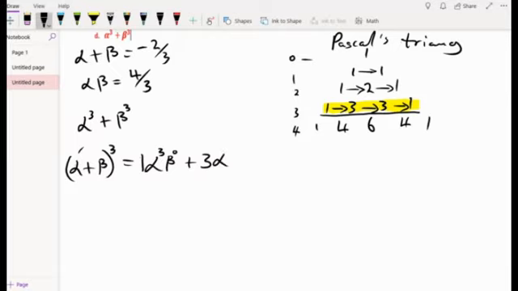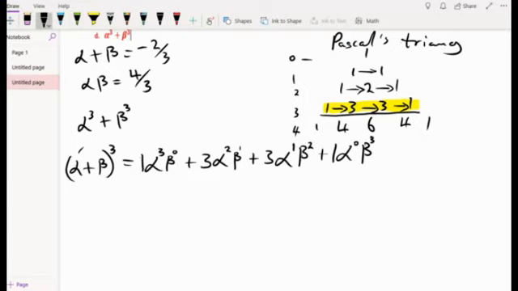alpha raised by 2, beta raised by 1, plus 3, remember alpha is decreasing, alpha raised by 1, beta raised by 2. Then the last one, plus 1, so your alpha raised by 0, beta raised by 3. So actually, you don't need to be writing this, showing this raised by 0.